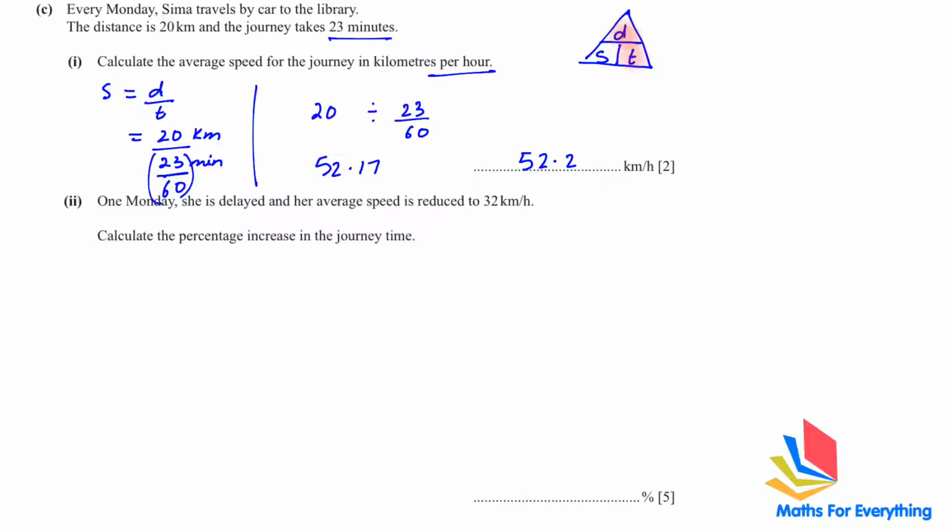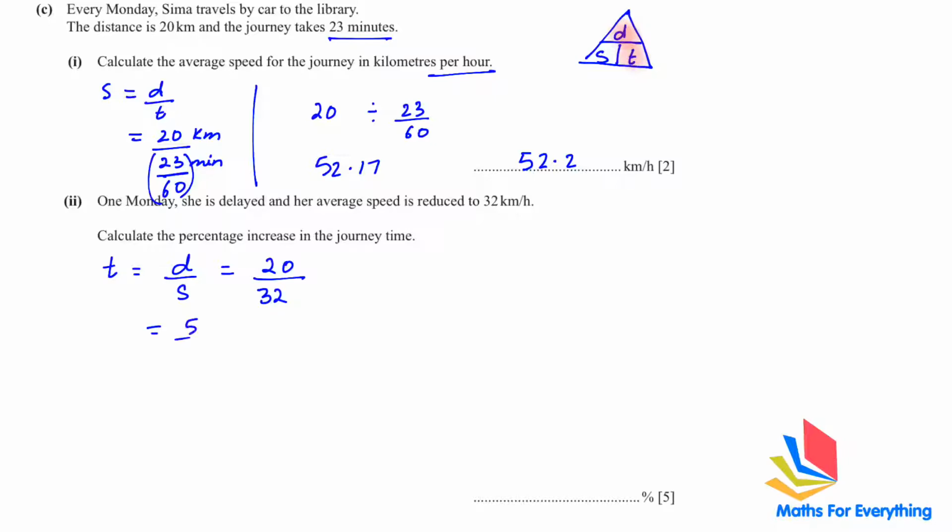How do we find time? By using this triangle. If you want to find time, we are going to divide distance by speed. So time is equal to distance divided by speed. Distance is the same 20 kilometers and the new speed is 32 kilometers per hour.